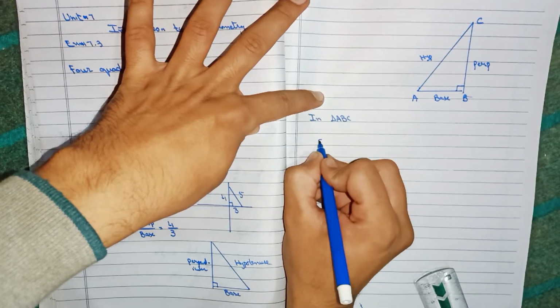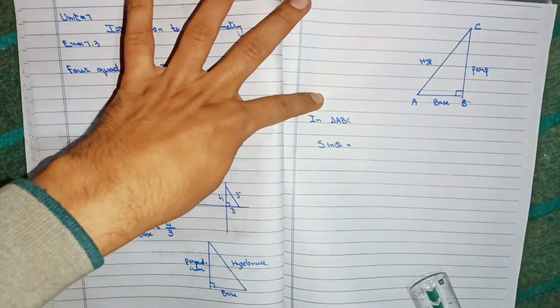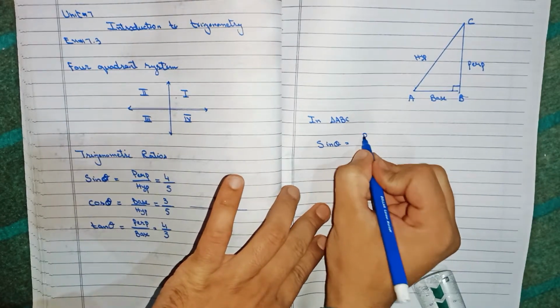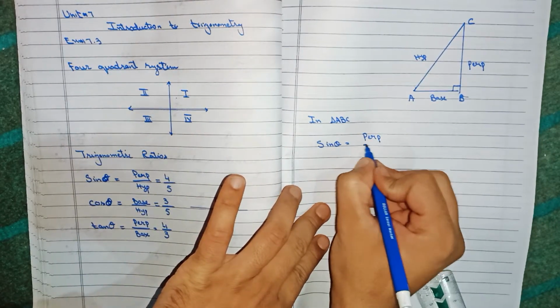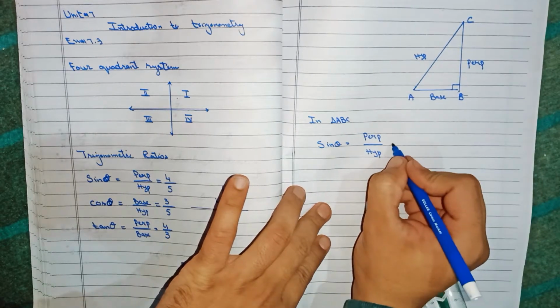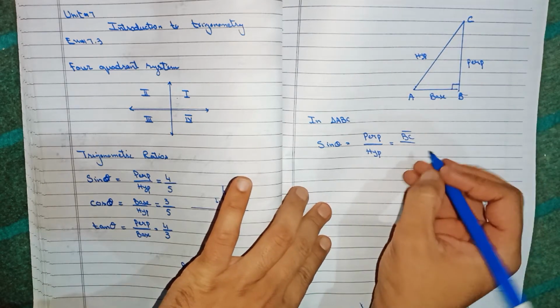sine of theta is equal to perpendicular over hypotenuse. Perpendicular is BC and hypotenuse is AC.